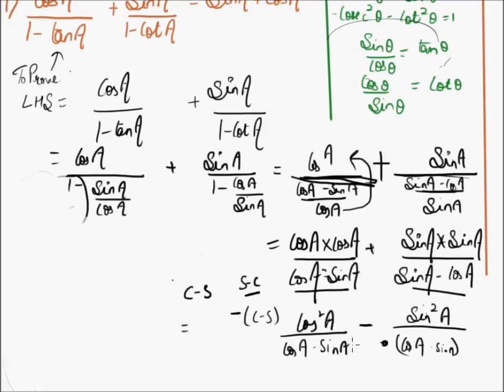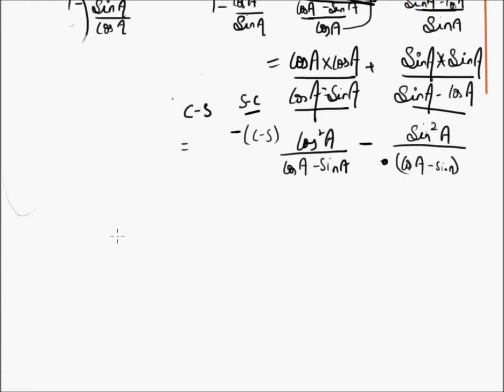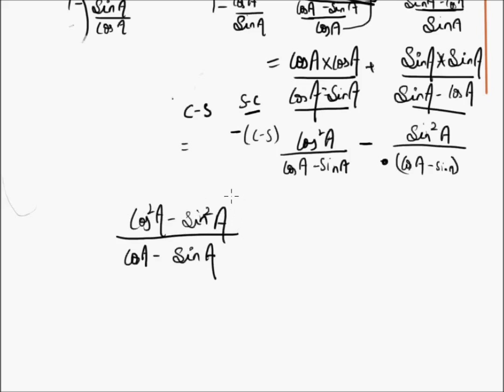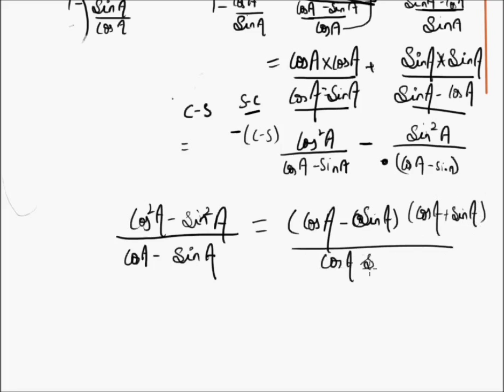Now friends, since both have the same denominators, the equation becomes, on the left hand side, the LCM as cos A minus sin A and numerator as cos square A minus sin square A. Now using the identity a square minus b square equals a minus b into a plus b, we have cos A minus sin A into cos A plus sin A over cos A minus sin A.